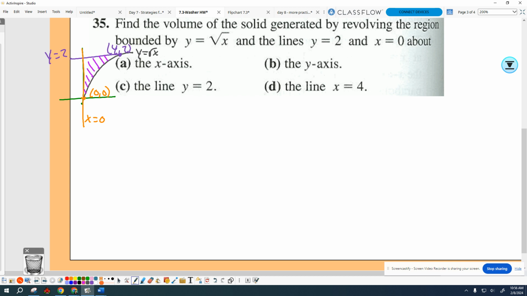So there's the shape. And A, B, C, and D are going to make wildly different images. So, are you okay with the cross section? So that rotated around the x-axis, reflected.